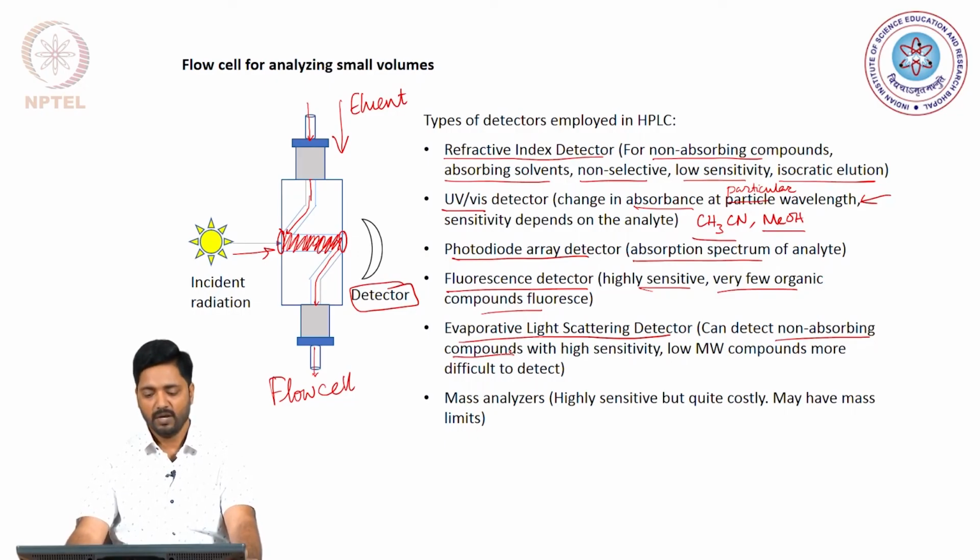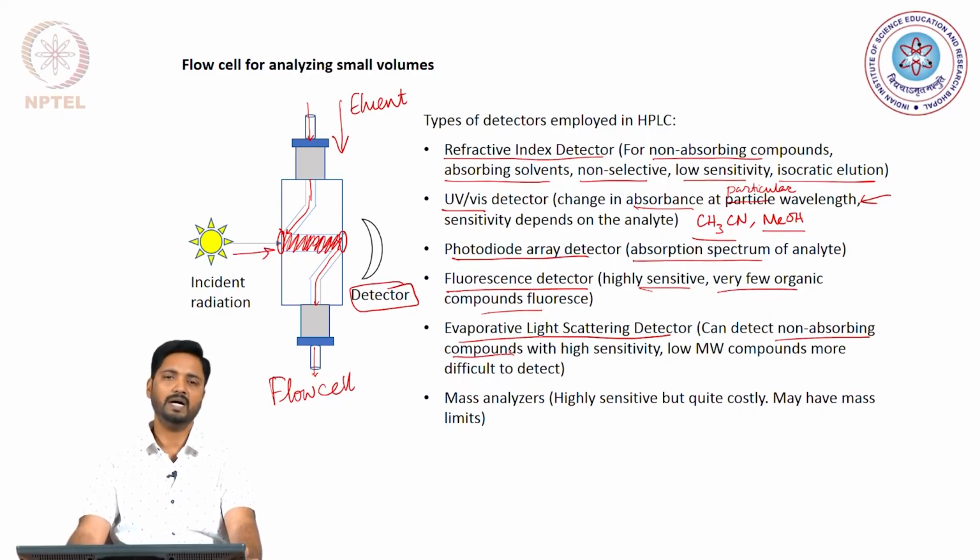So, in the evaporative light scattering detector, as the name suggests, there is evaporation of the mobile phase and generation of the solute particles which scatter light and are hence detected.